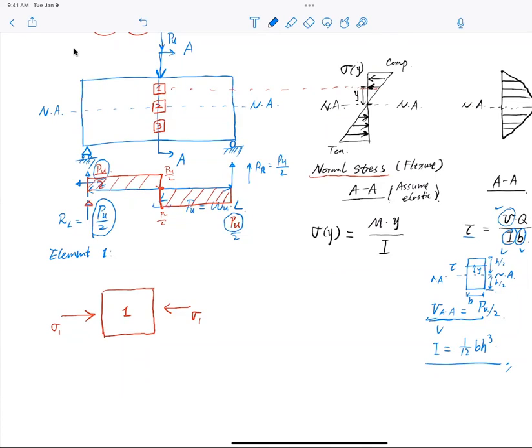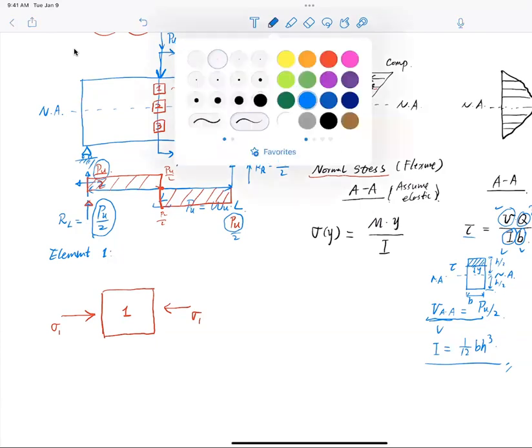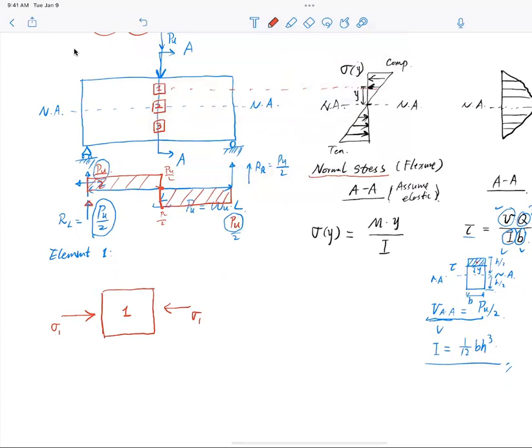The only thing, and this kills most of the class when I taught mechanics of materials, is the Q. What is Q? Q is the so-called static moment. That is the area of the shaded zone that is away from the location, multiplied by the distance from the centroid of that zone to the neutral axis.